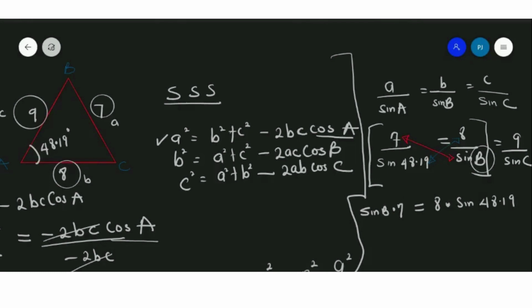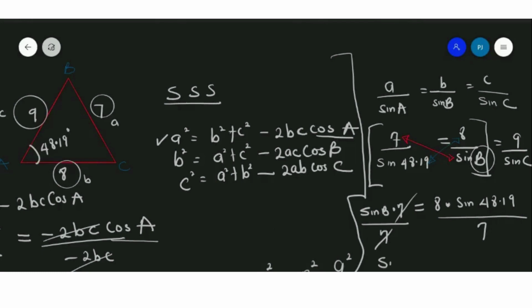So let's multiply sine 48.19 times 8. Then we can divide both sides by 7 just to cancel out the 7.